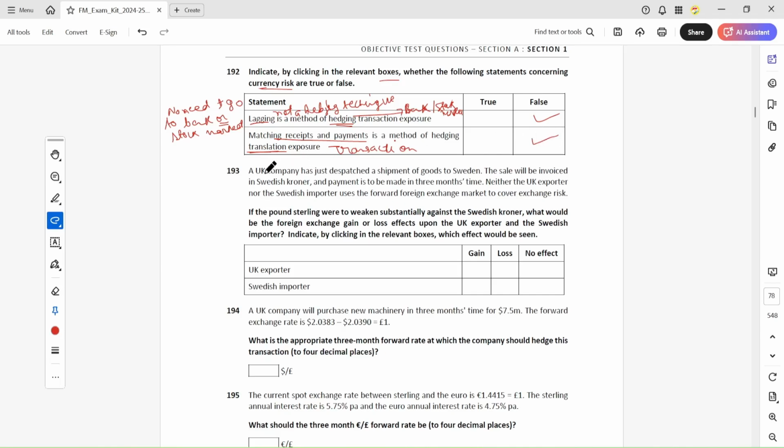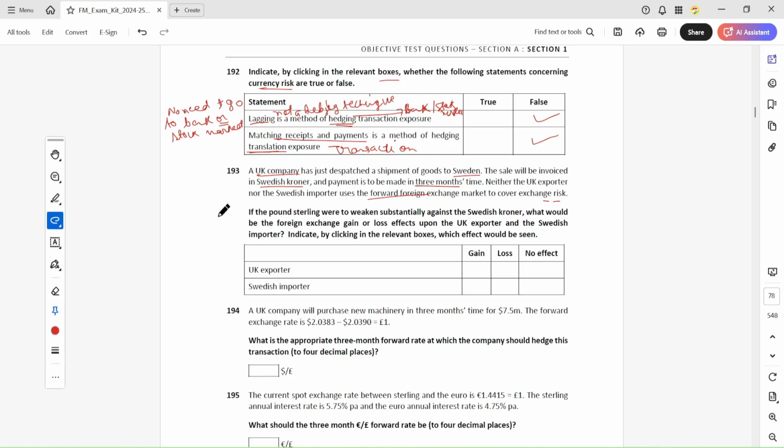So this is false. A UK company has just dispatched a shipment of goods to Sweden. The sale will be invoiced in Swedish kronor and payment is to be made in 3 months. Neither the UK exporter nor the Swedish importer uses the forward exchange market to cover the exchange rate risk.